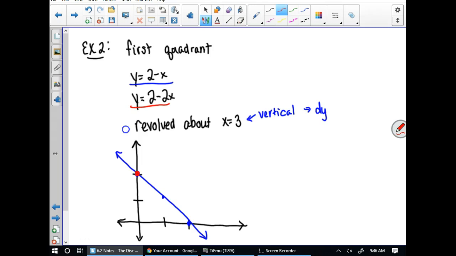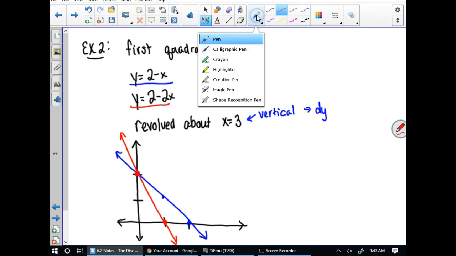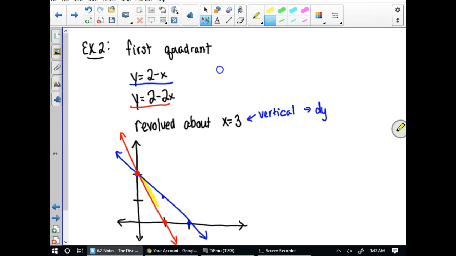It has the same y-intercept, but a slope of -2, so down 2 over 1, it will look like this. And we're only looking in the first quadrant, so the area between the two graphs in the first quadrant is this area right here.